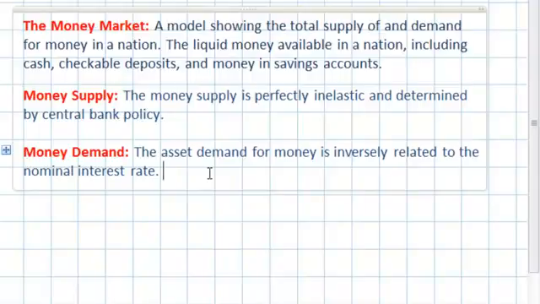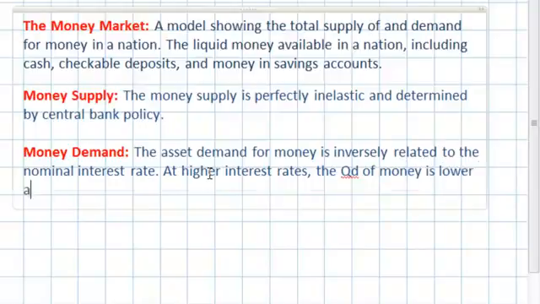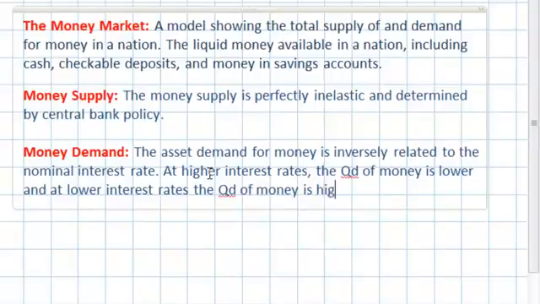However, at high interest rates, the quantity of money demanded as an asset will be lower since people wish to invest their money into interest-bearing assets or less liquid investments than money itself. So we say that at higher interest rates, the quantity demanded of money is lower, and at lower interest rates, the quantity demanded of money is higher.